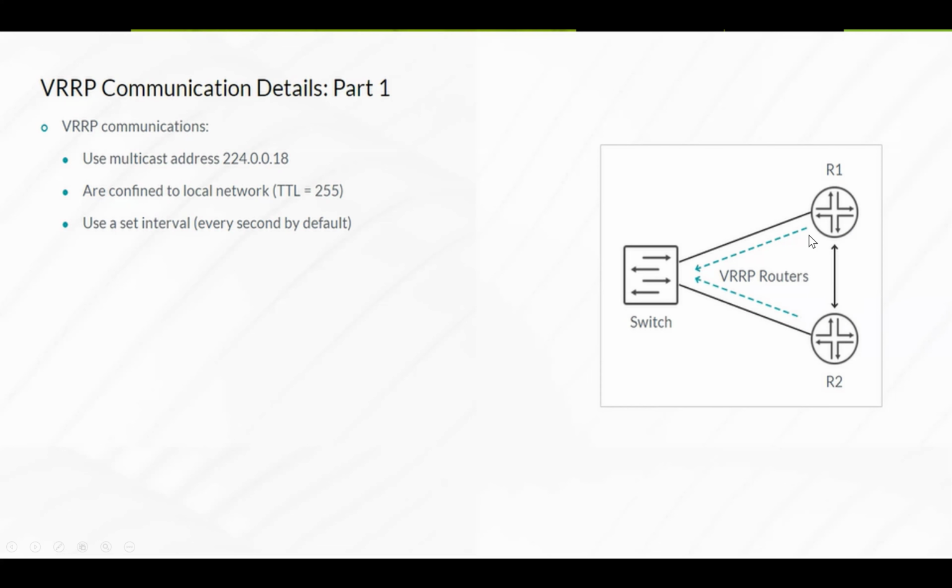Those routers will communicate with the multicast address 224.0.0.18. The TTL will be 255 because this is a directly connected network; this LAN network is directly connected with this router. VRRP uses an advertisement interval of every second by default. That means they are communicating with each other within a second.